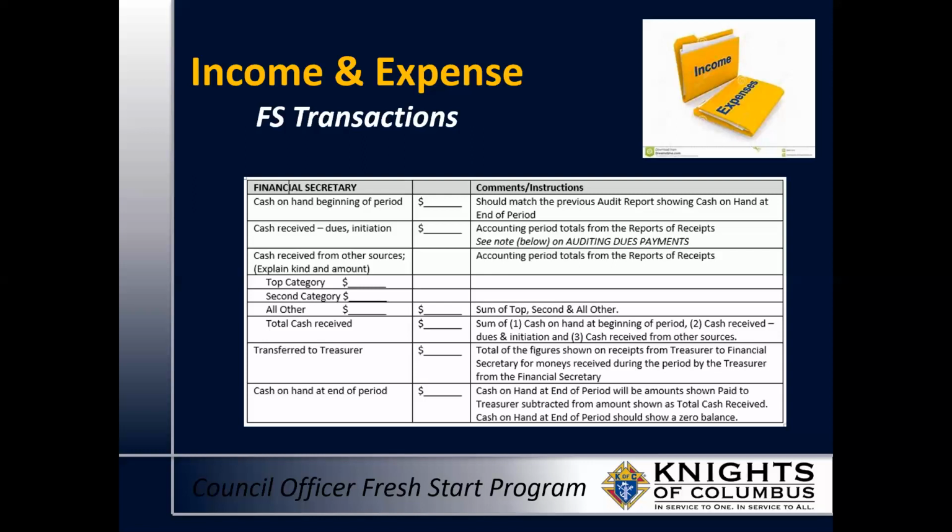If for some reason you did not have a chance to get the treasurer a small amount of money that you received near the end of the month, that is where you'd have that number slightly smaller for the transfer to the treasurer, and the difference would go on the cash on hand. But for most of us, the transfer to the treasurer line would be the same as the cash received line. So that would be the section for the financial secretary's records.